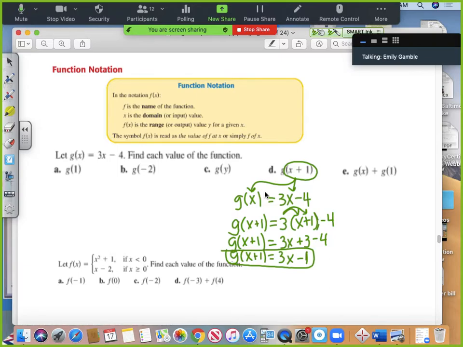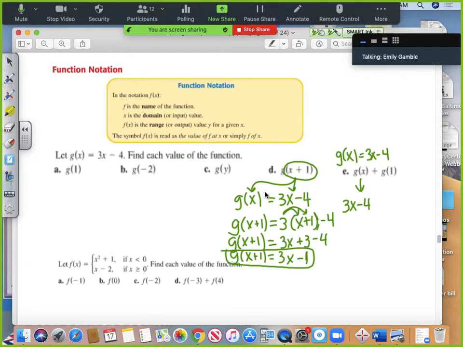So what's interesting about the first one is g of x is just like the original thing. g of x is really equal to 3x minus 4. And I know that because the original problem says g of x equals 3x minus 4. So the answer to this part of it is 3x minus 4.